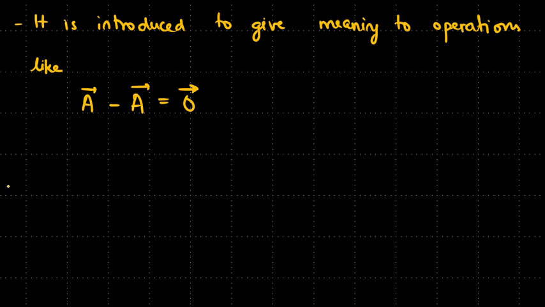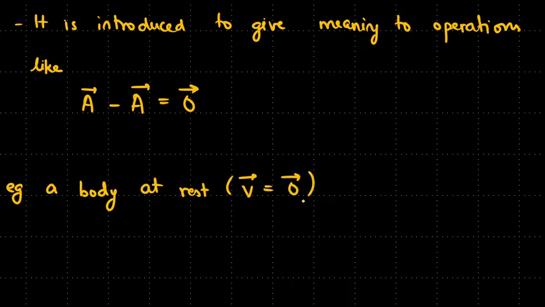Let's look at an example to make this much more clear. A body at rest. If a body is at rest, it would have no velocity at all, which means the velocity vector will be a zero vector.